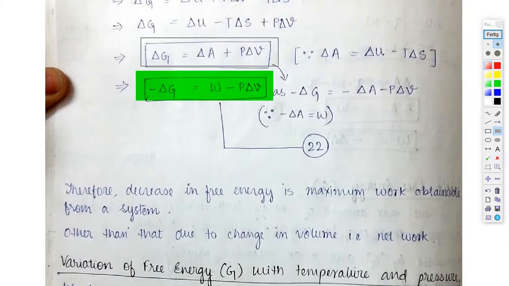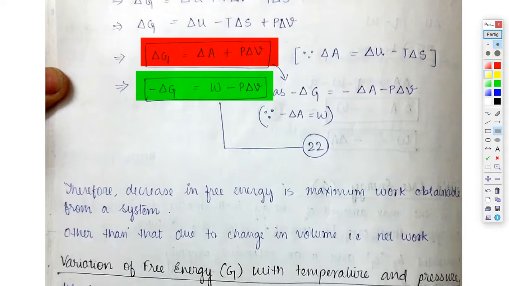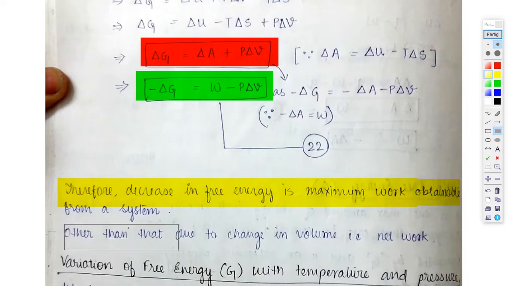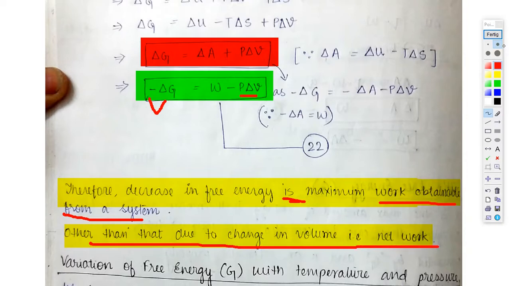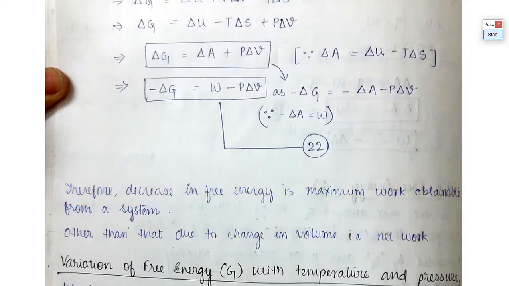The decrease in the free energy, negative delta G, equals the maximum work obtained from the system other than that due to change in volume, that is, the net work. This is one of the important formulas and gives the free energy in chemical thermodynamics.